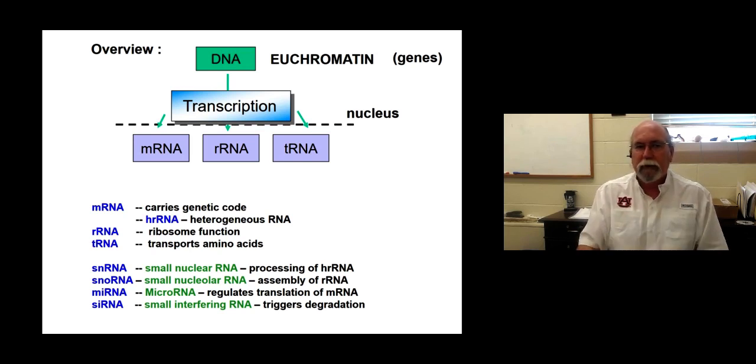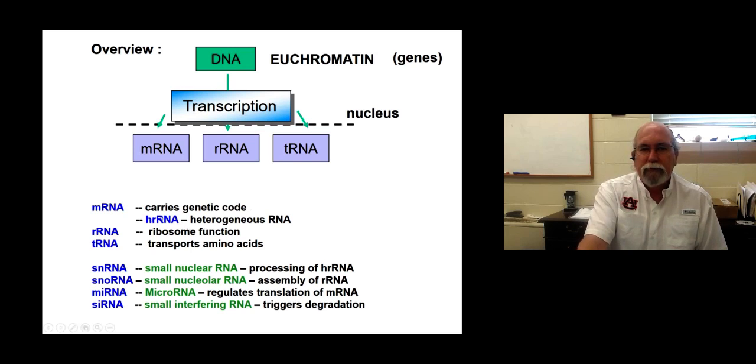Before we can do that, though, we've got to take this heterogeneous RNA and convert it over to what's known as mRNA, which very often is used as a mnemonic to say, instead of messenger RNA, matured RNA. So we're going to mature the message and get it ready to be moved out of the nucleus and brought out to where it can actually be used in the translational process.